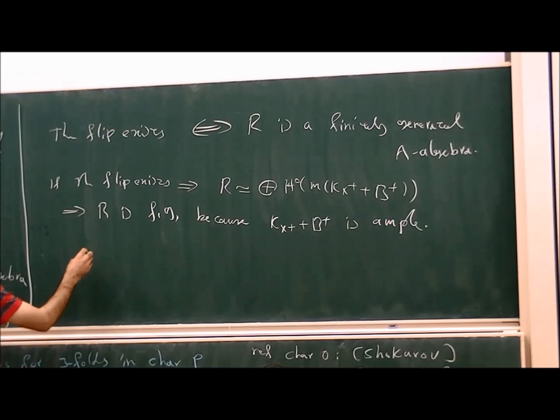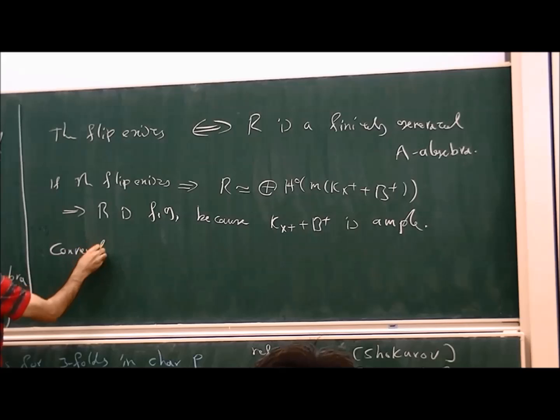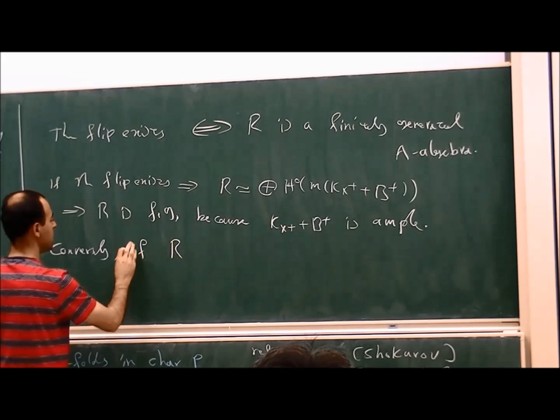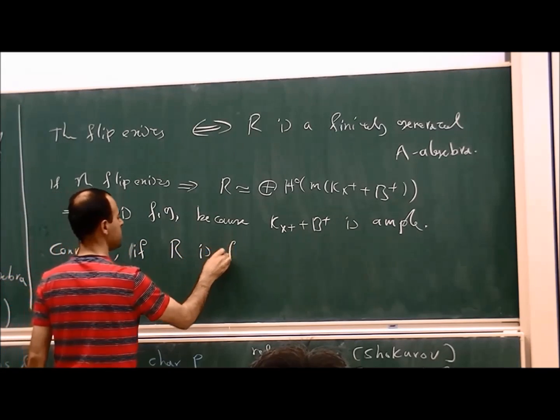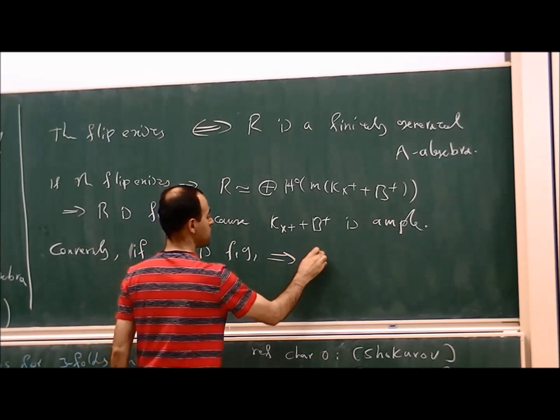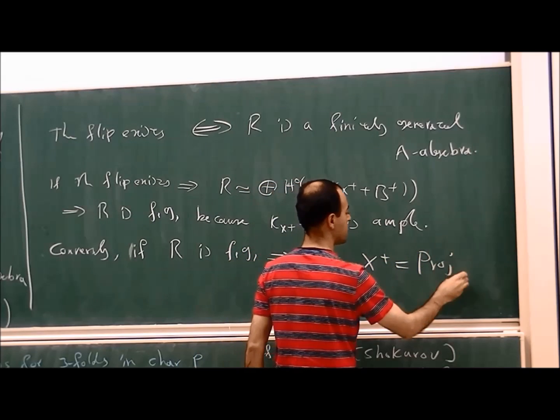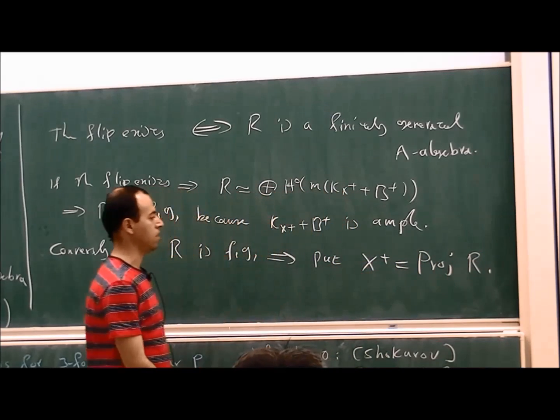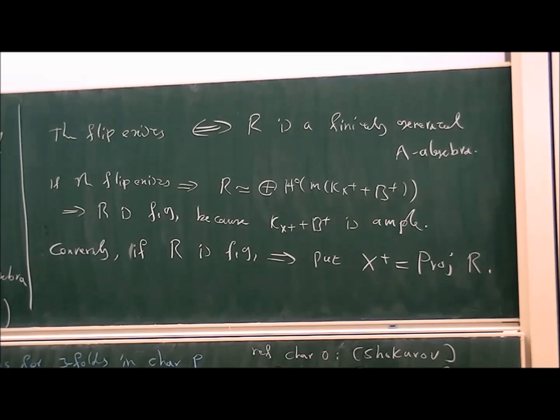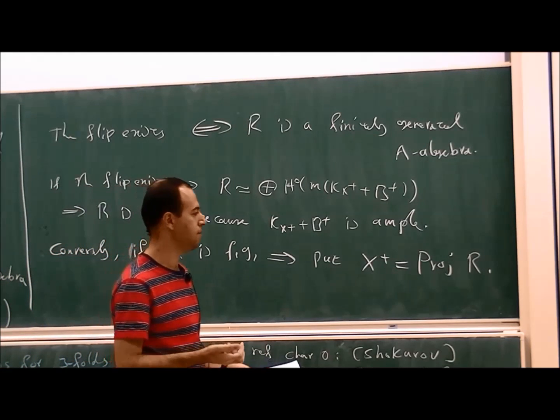And the converse is actually also quite simple. So the converse is, if R is finitely generated, then you just put X plus to be the Proj of R. So if you don't know what Proj is, then you have a ring which is finitely generated, a quotient of a polynomial ring. Then when you take the quotient, you have an ideal, and the ideal is generated by some elements.